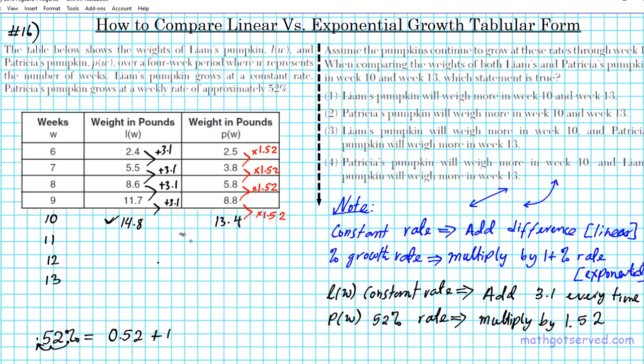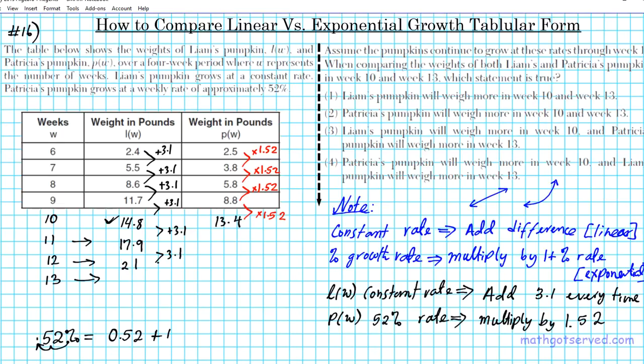Okay? So for Liam's function, it's easy. We're just going to keep adding 3.1. So we add 3.1, and for week 11, what do we get? 17.9. And then we add another 3.1. For week 12, we're going to have 21.